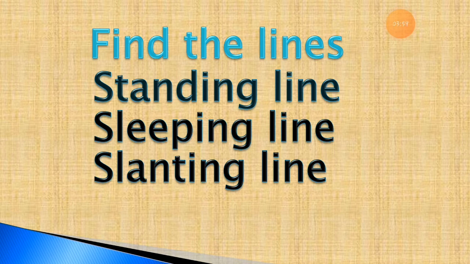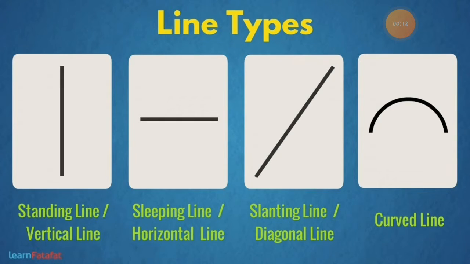Square, rectangle, triangle. For the circle, you have to use the curved line. So these are the main lines we use to draw any particular shape. Now let's go for the next types.